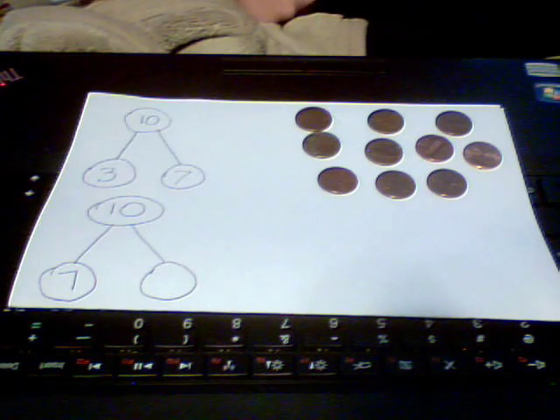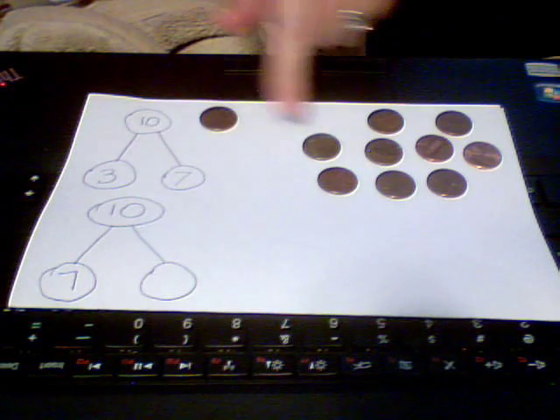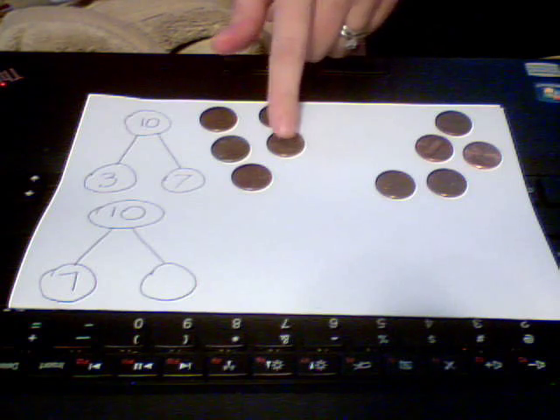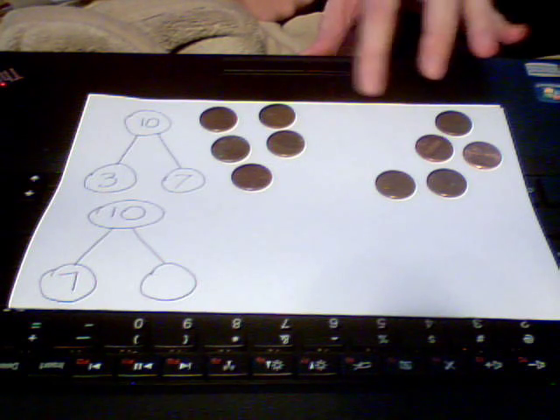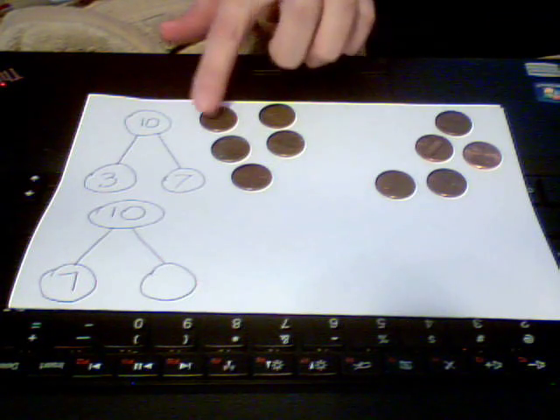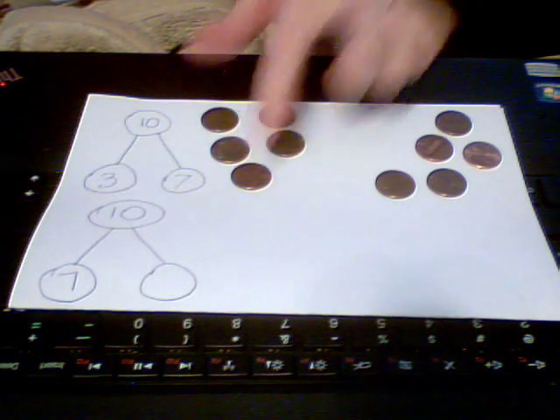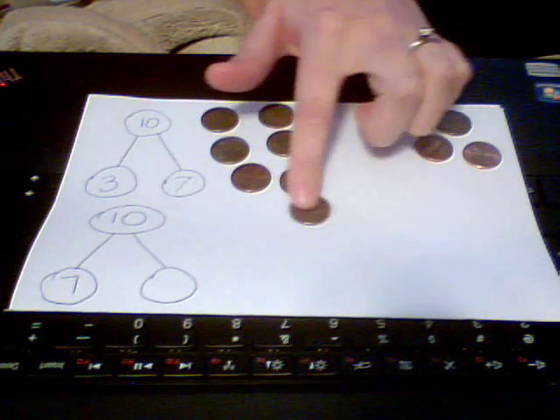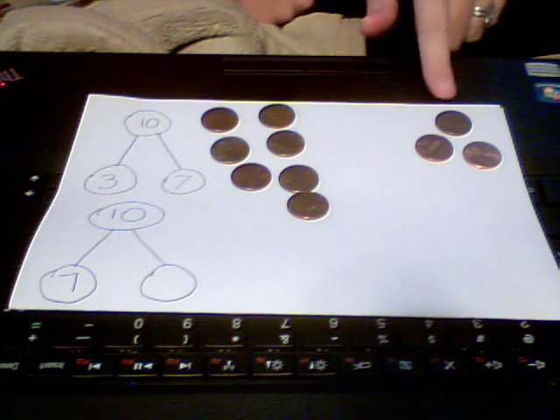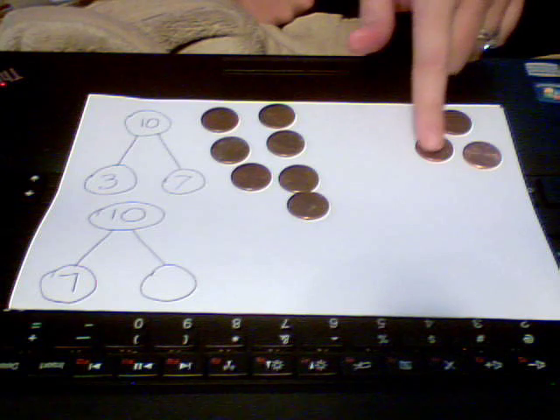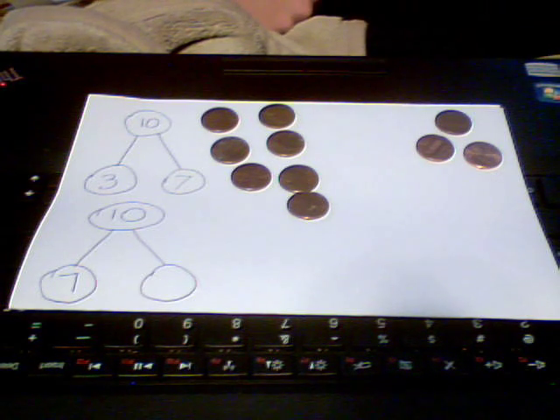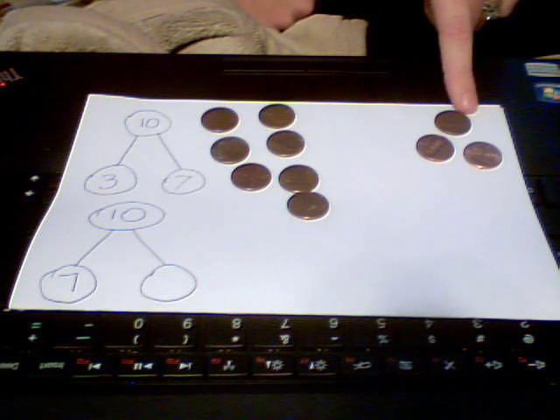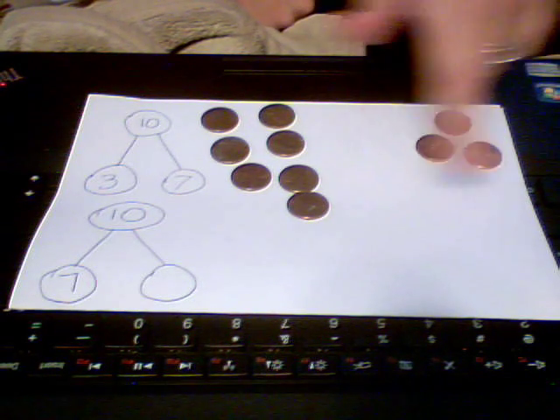So I'm going to pull 7 out to the side. 1, 2, 3, 4, 5, 6, 7. I look over here, I have 1, 2, 3 left over. So I know that 7 plus 3 equals 10 altogether.